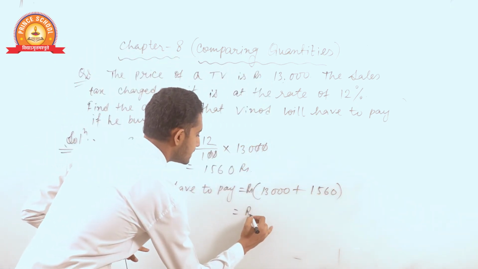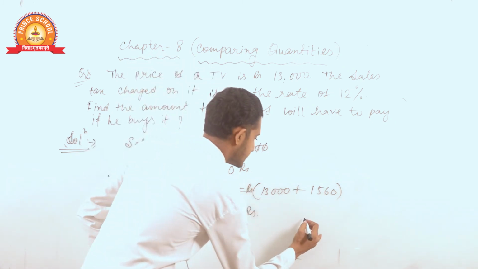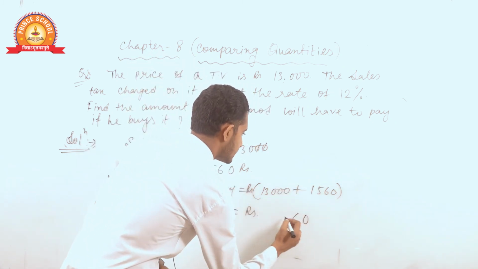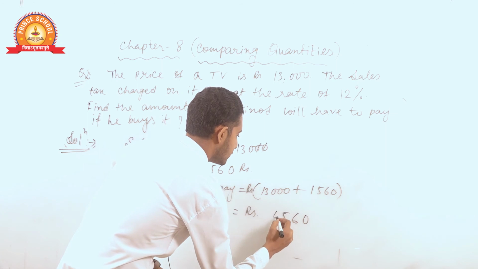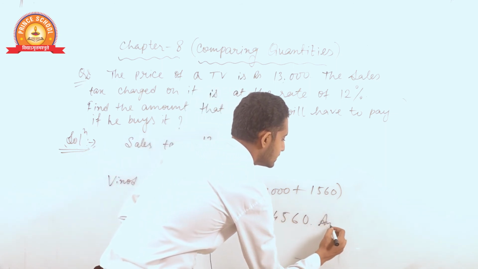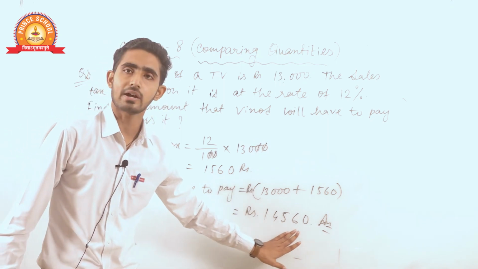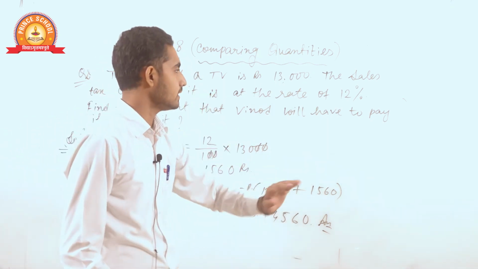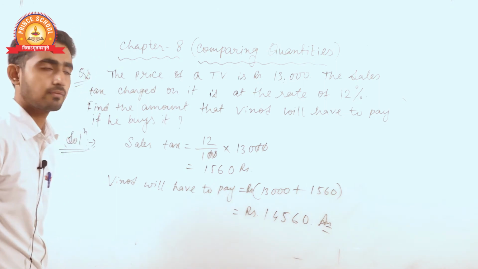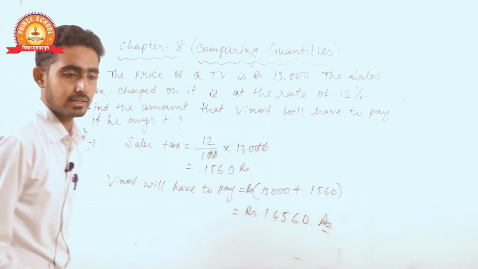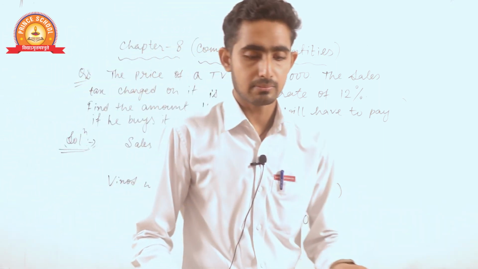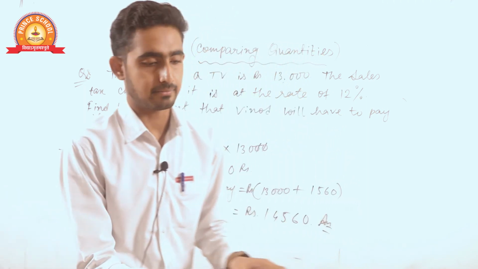So if you add them, 0, 0, plus 6, 5, that is 4, 1. So that is the complete answer. Okay, 14,560 rupees he will pay for buying this TV. Okay, very easy questions. Now comes the last question, that is question number 9.